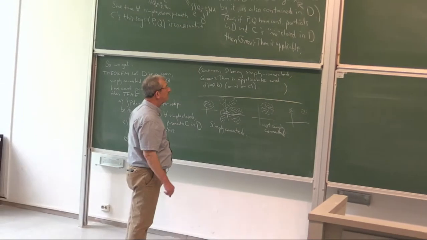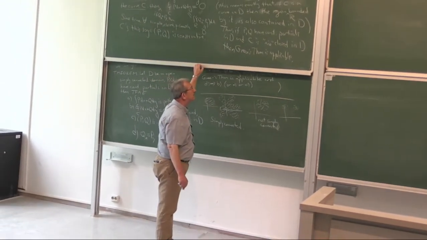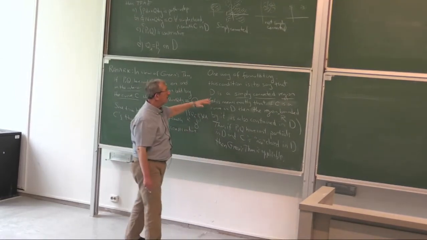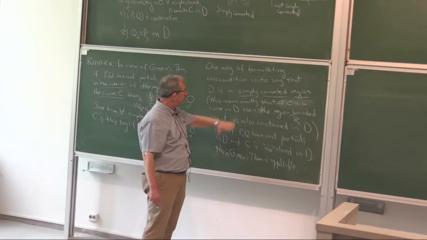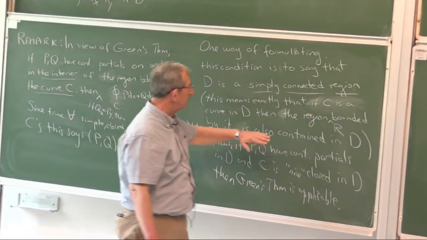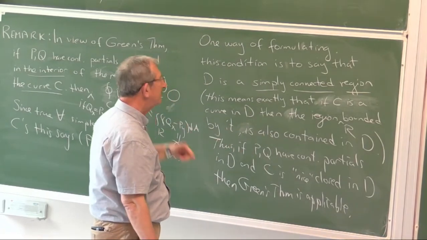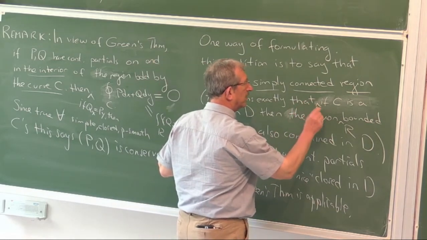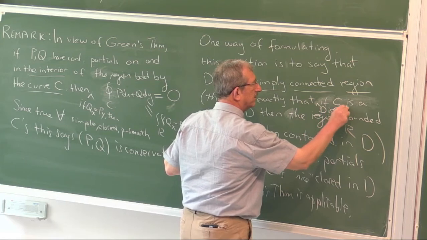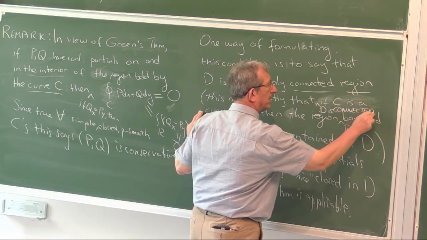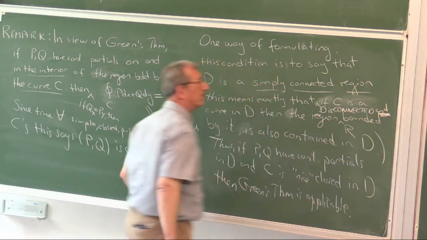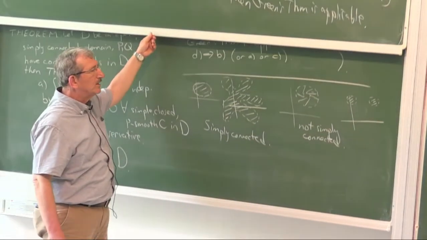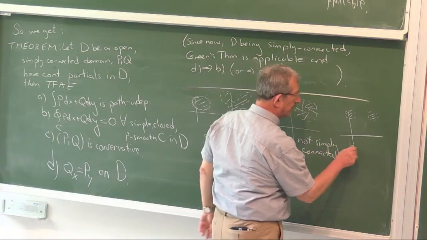Well, a simply connected domain, let me correct this here, first of all, must be connected. So this means that if C is a curve in D, then the region bounded inside is also contained in D, but we should say that here somewhere, D is connected. So a simply connected domain, by the very wording, must be connected. So this is not simply connected.